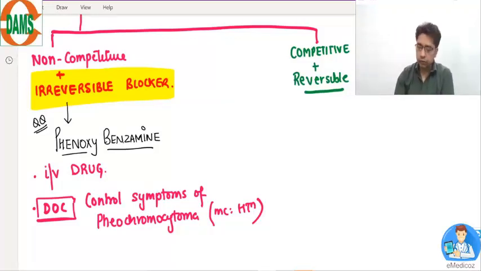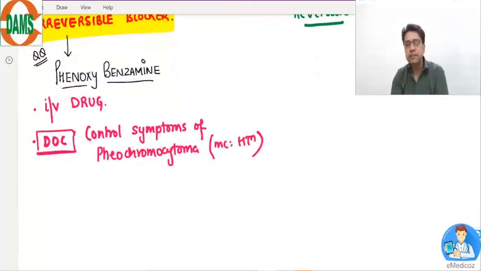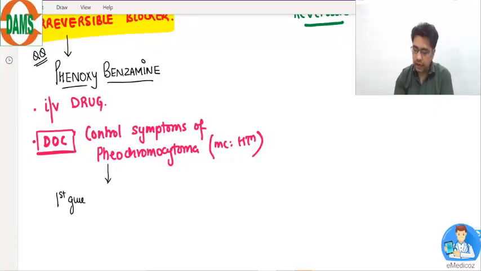Very good. Now, remember one point, that in the treatment of pheochromocytoma, first we give alpha blocker, that is phenoxybenzamine.